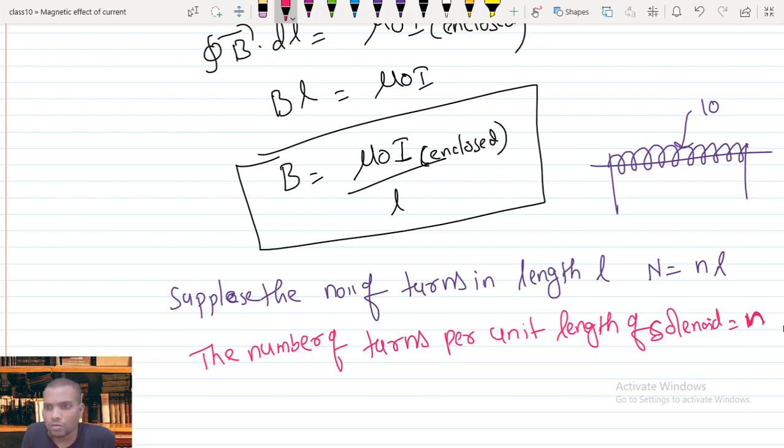Now here small n becomes the number of turns per unit length, and through those many turns, how much current is flowing?